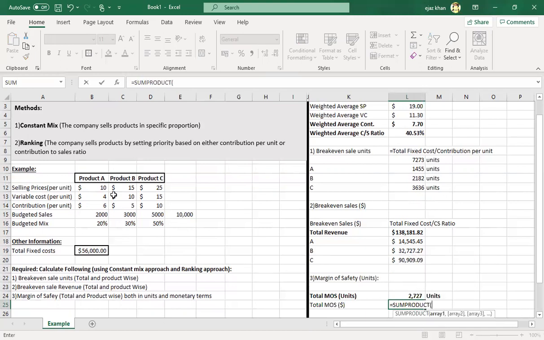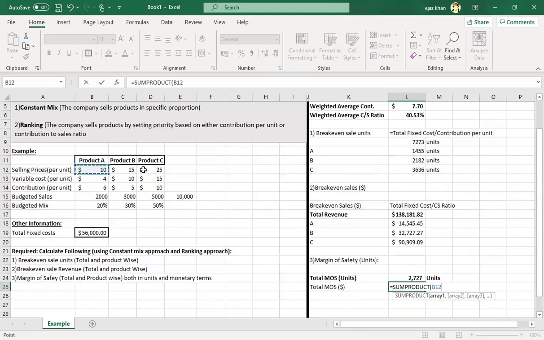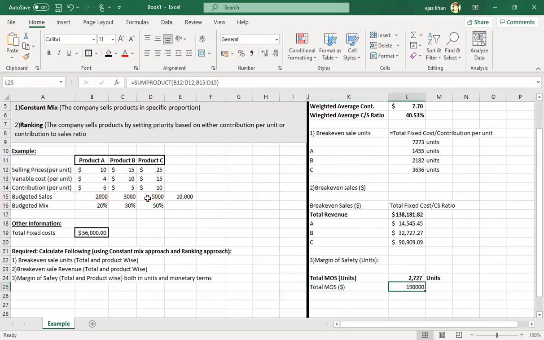And for that, we need to multiply price with the units, price with the units, price with the units, and add them together. So a short formula in Excel is to select one row that you have to multiply with the other row. So it will first multiply these values with these values, and then calculate the sum of all these.